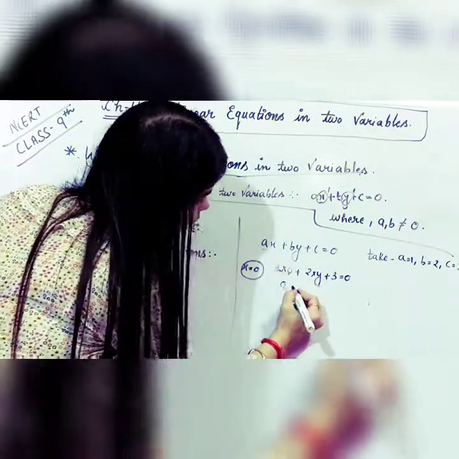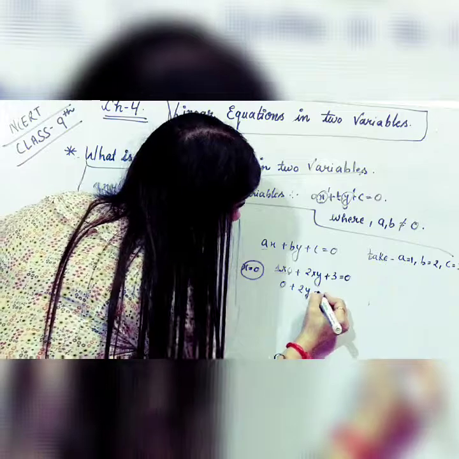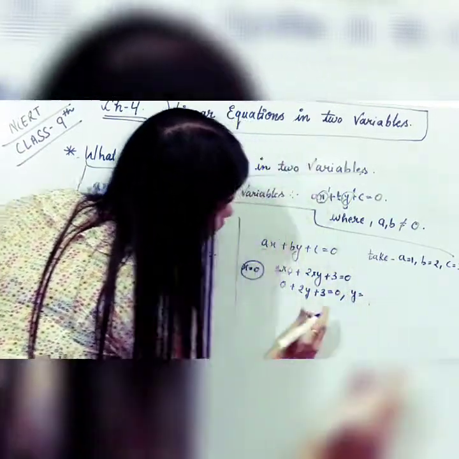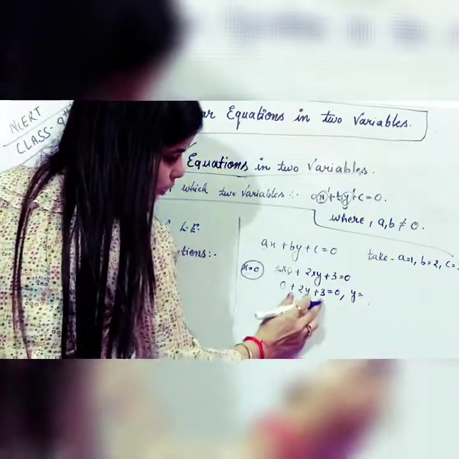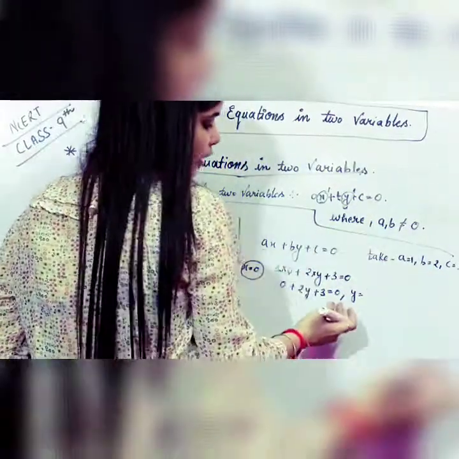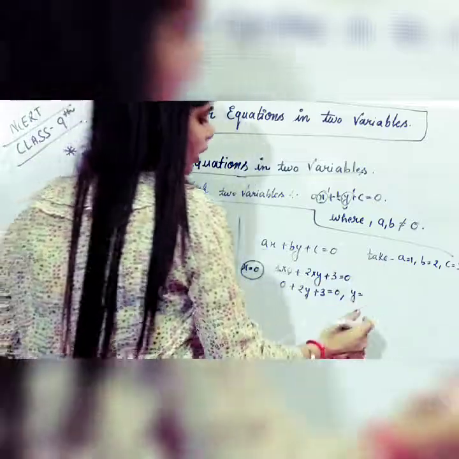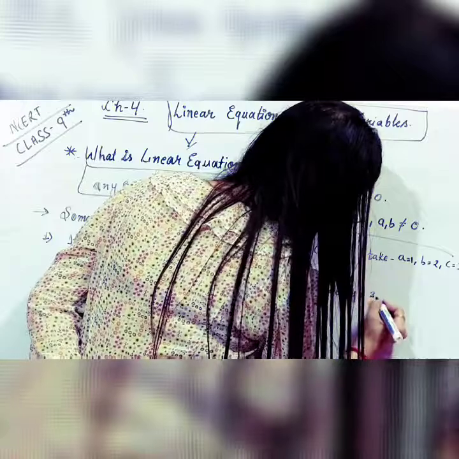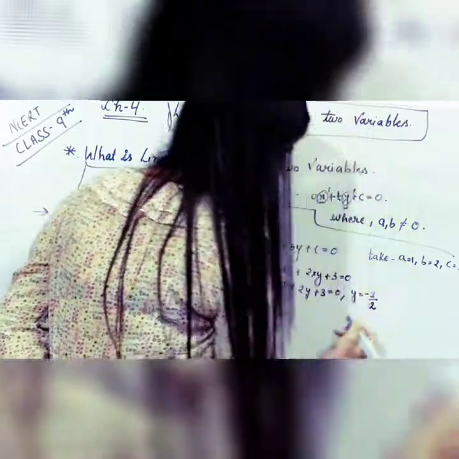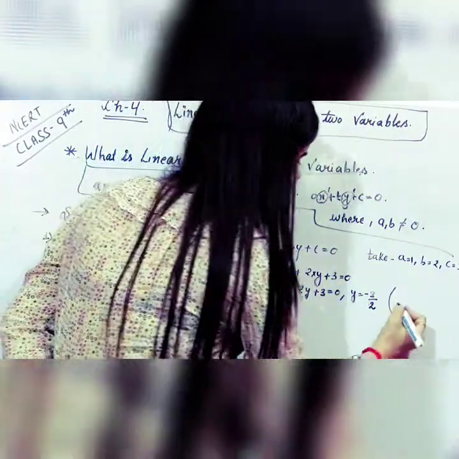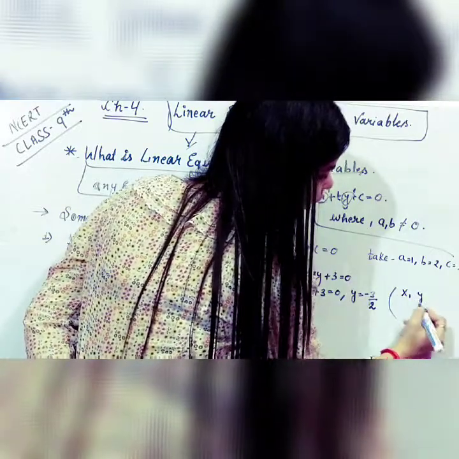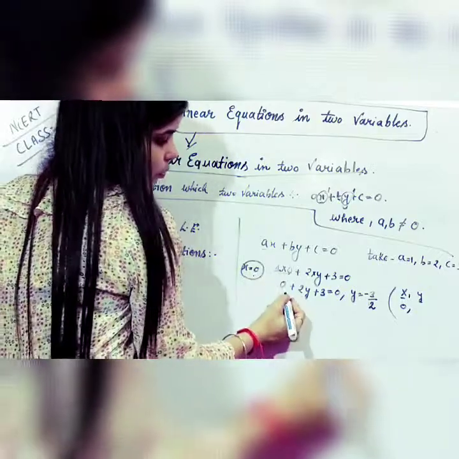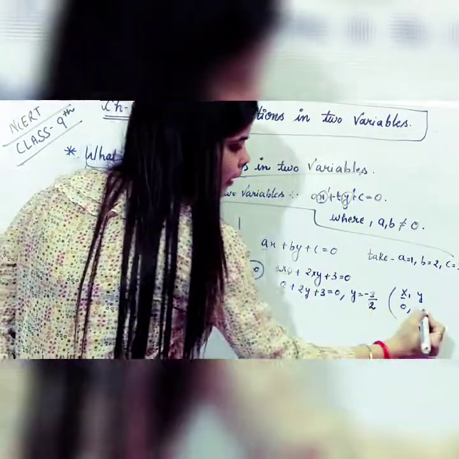This will be 0 plus 2y plus 3 equals 0. What is the value of y we get? y equals: the positive 3 goes to the right side and becomes minus 3, and 2 is multiplied so it goes to the other side as divide. So y is minus 3 upon 2. Then the coordinates x, y are x 0 and y minus 3/2.